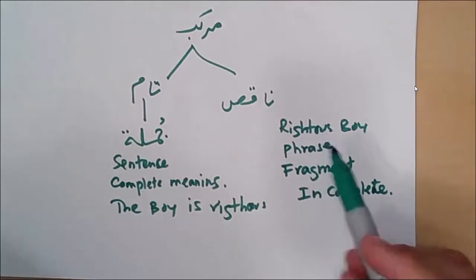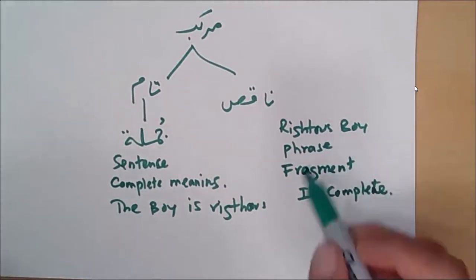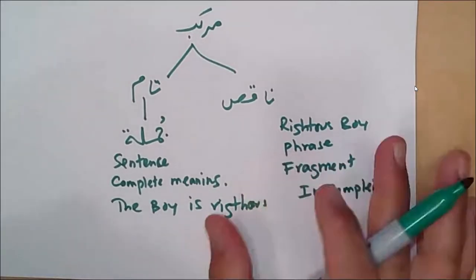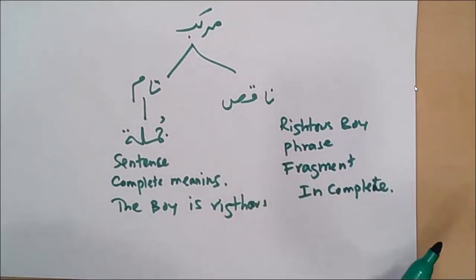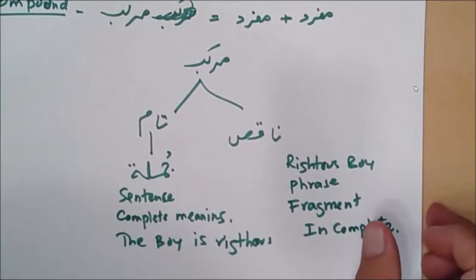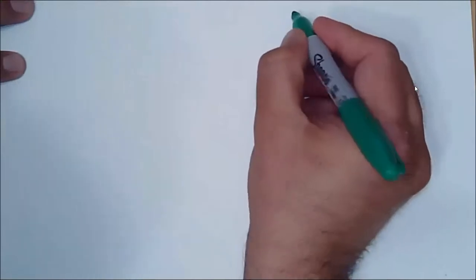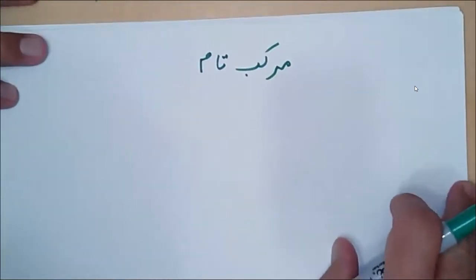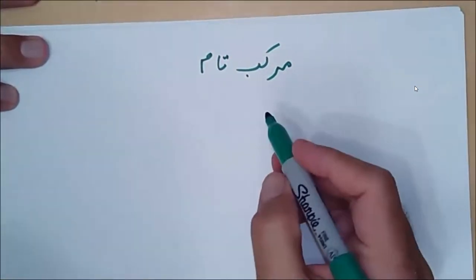I cannot call righteous boy a sentence or jumla. It is a phrase or a fragment, but it's not a complete sentence. Everybody get this concept? Yes. Okay, good. We are not going to cover the murakkab naqis right now. We are going to focus on murakkab tam. So murakkab tam is jumla.